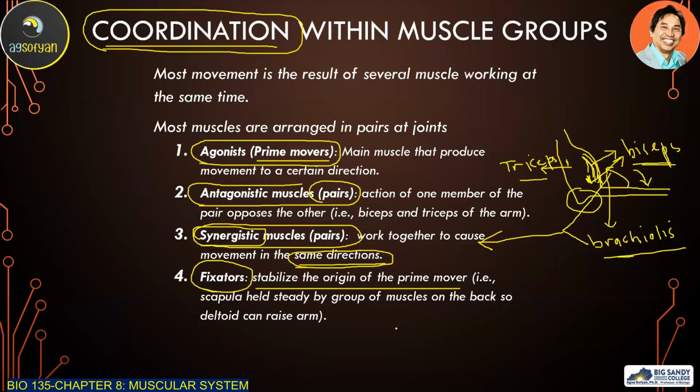For example, if we rotate our shoulder, if we perform rotation or circumduction on our shoulder, there will be muscles like the latissimus dorsi in our back that will keep our bones, our humerus and the joints over there, in place. And this group of muscles is called the fixators.